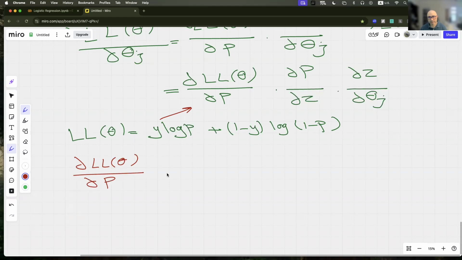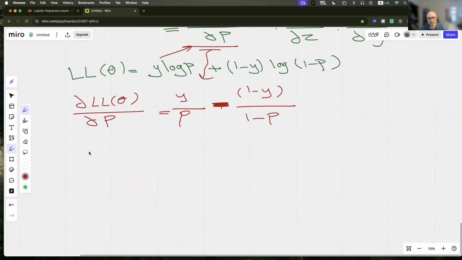In this case, I get y over p, and these others are constant. The other term is log of 1 minus p, and taking its derivative gives minus 1 over 1 minus p. So this is what we get, and that would be our first term.